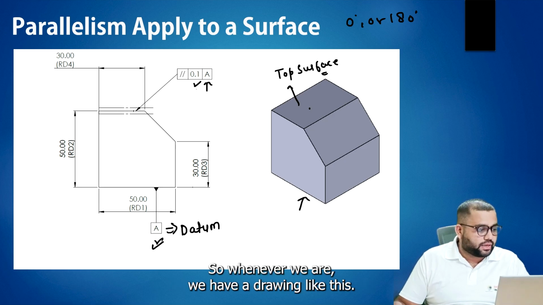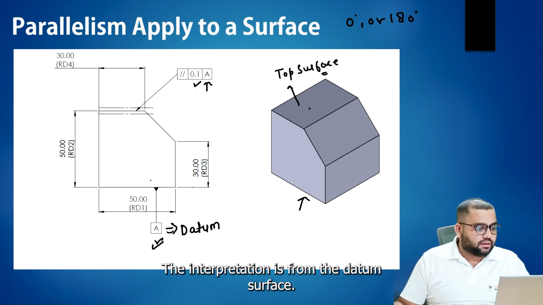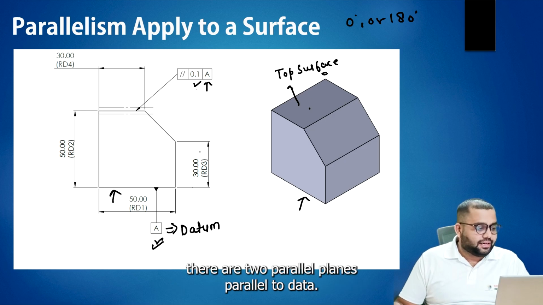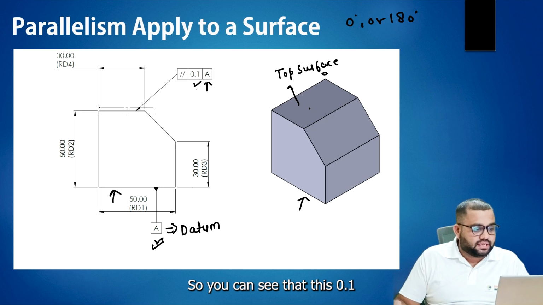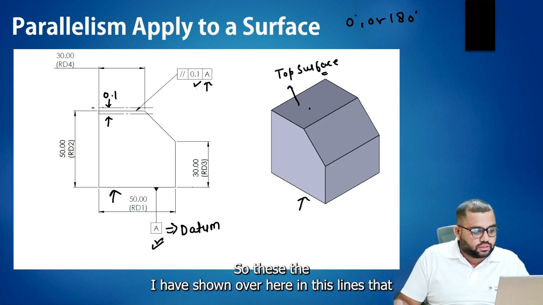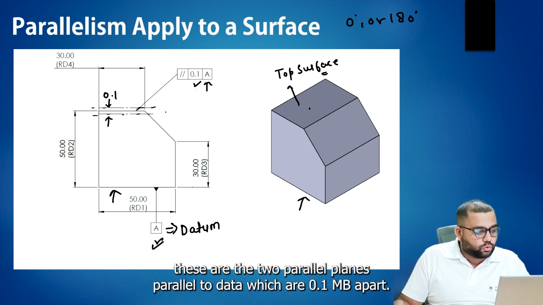Whenever we have a drawing like this, the interpretation is from the datum surface. There are two parallel planes parallel to datum A, which are 0.1 mm apart, shown here in this line.